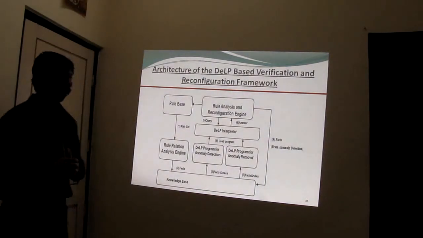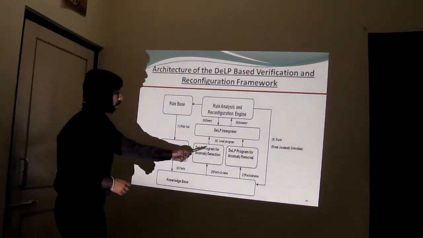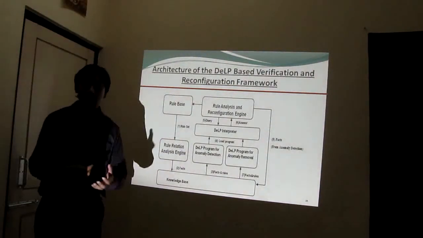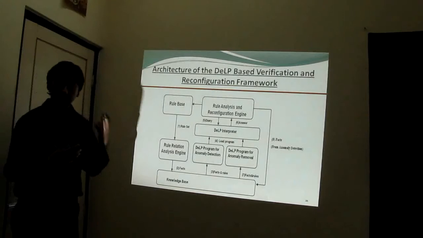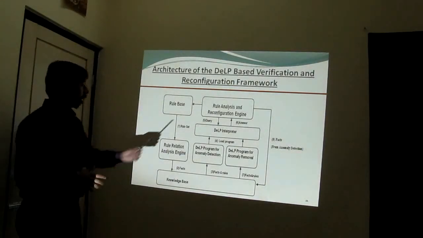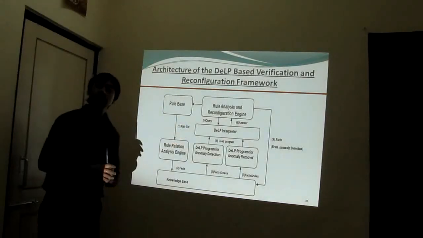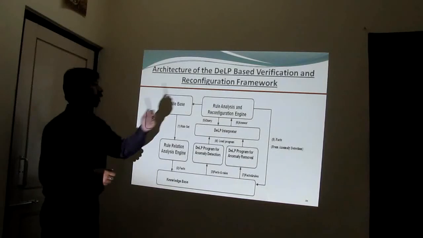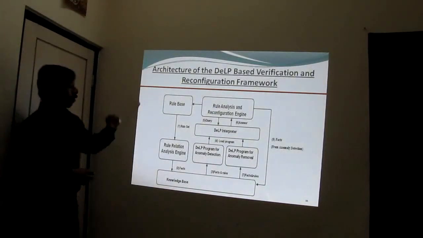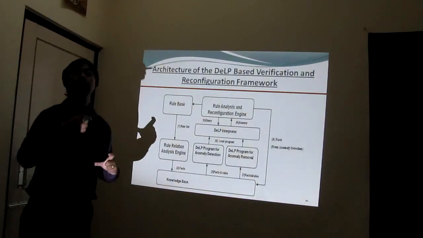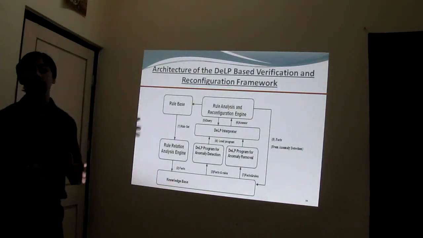The defeasible program for anomaly detection uses those facts as input to the program, and the whole program is loaded in an interpreter, and the rule analysis and reconfiguration engine queries it and tries to find the anomalies among those rule sets.